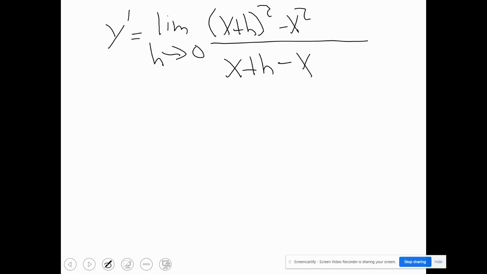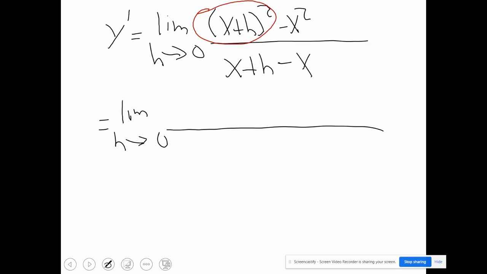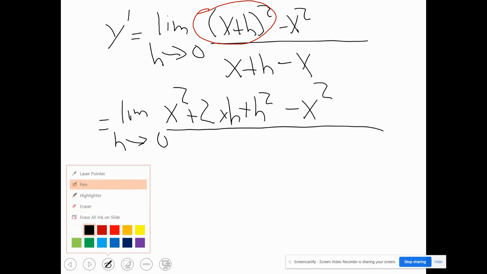Okay, let's distribute everything up above. If you took x plus h and squared it, that would give you x squared plus 2xh plus h squared, and then we have a minus x squared.